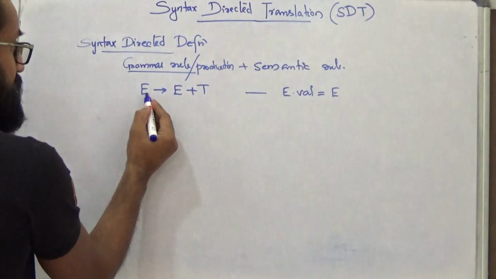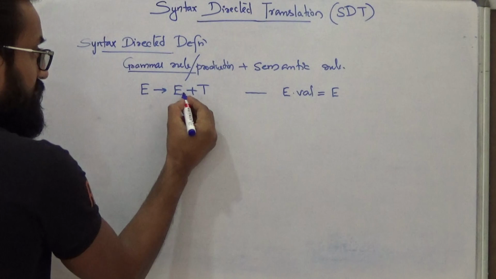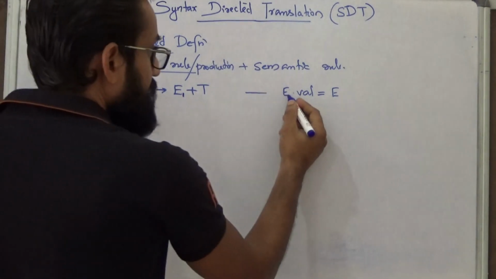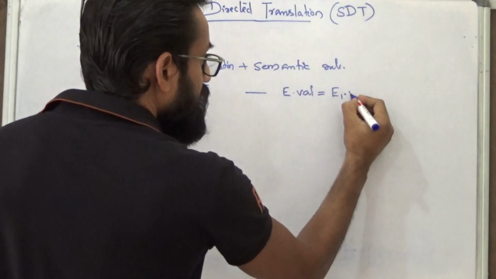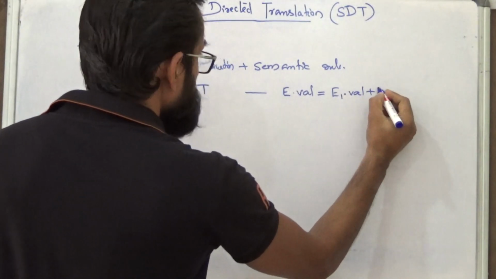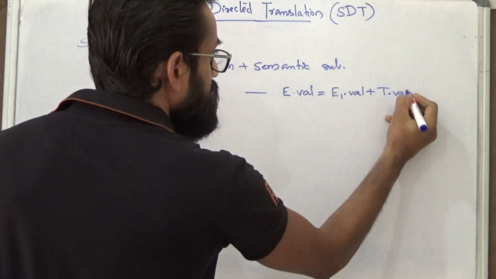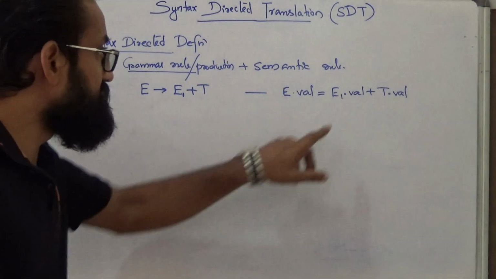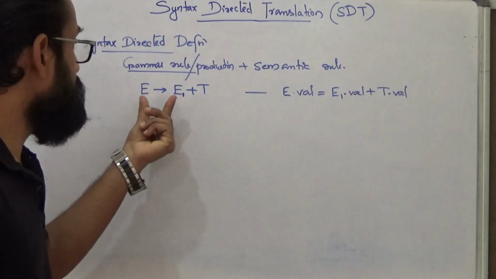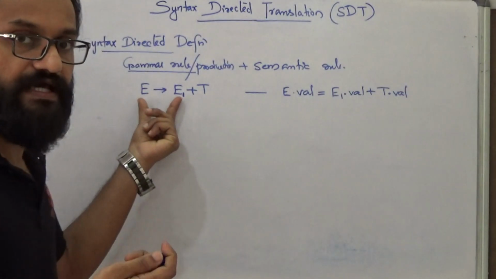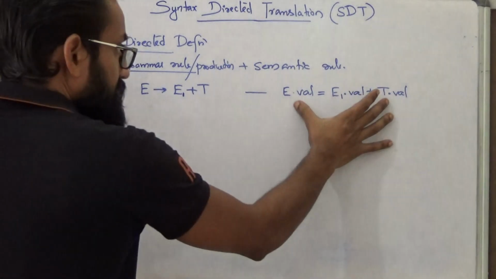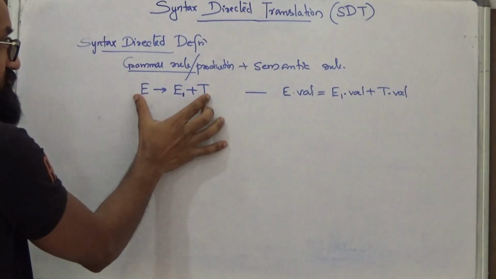In order to differentiate this E and this E, let me relabel this as E1. So I can write E dot val equal to E1 dot val plus T dot val. I just used this subscript to differentiate the variable E on the left hand side and right hand side. So this is a semantic rule that can be attached to this particular production.